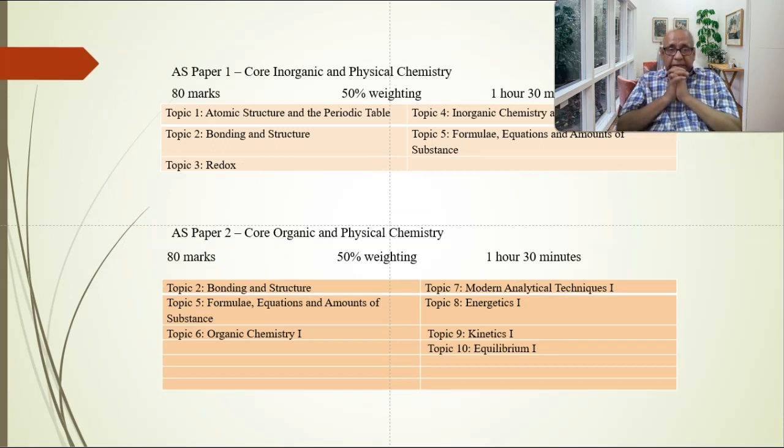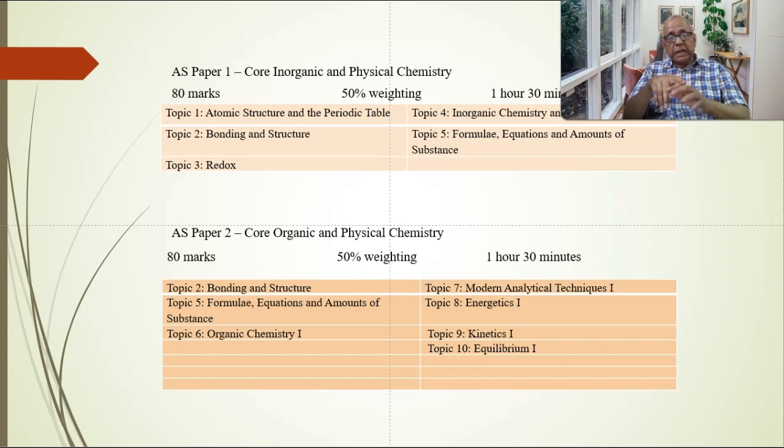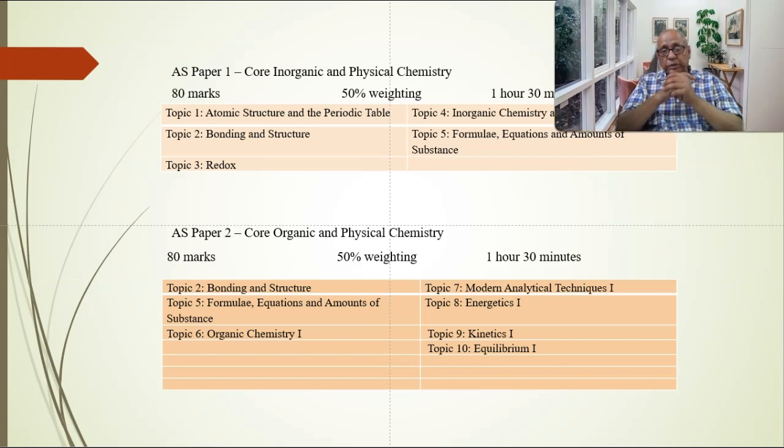Okay. One can see the AS paper, it's core inorganic and physical chemistry, 80 marks of questions. This is Edexcel, 50% weightage, 1 hour 30 minutes, and AS paper 2 core organic and physical chemistry, 80 marks again, and 1 hour 30 minutes, weightage 50%, and the topics are there, which topics will be dealt with in this AS paper 1 and paper 2.